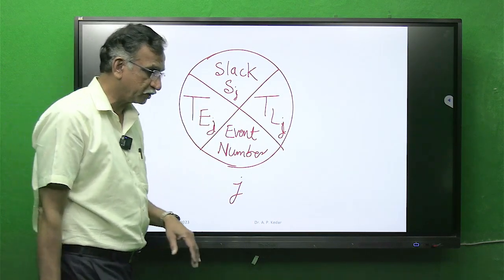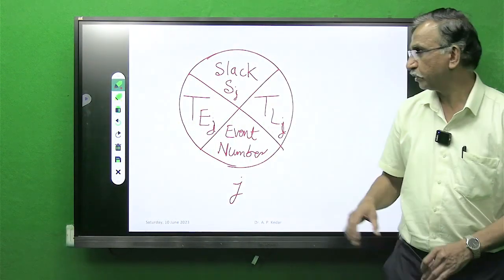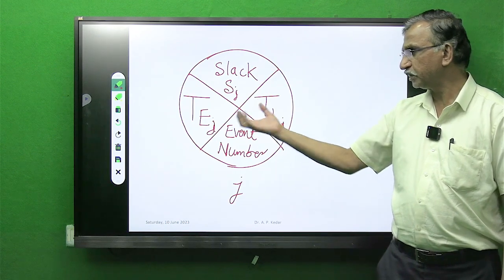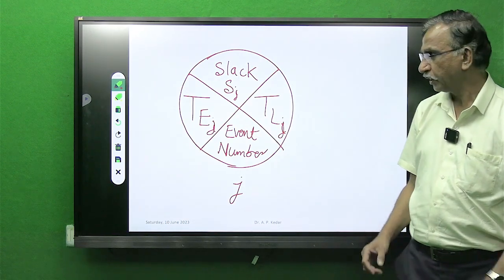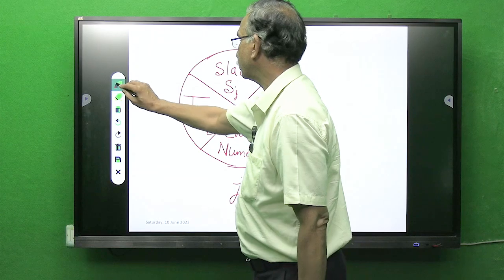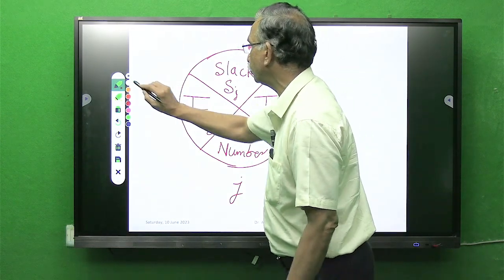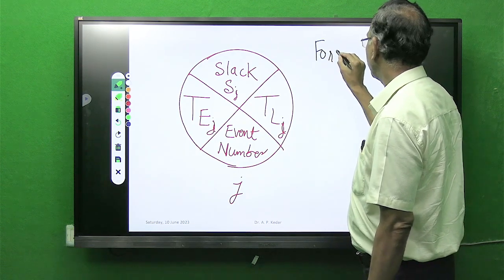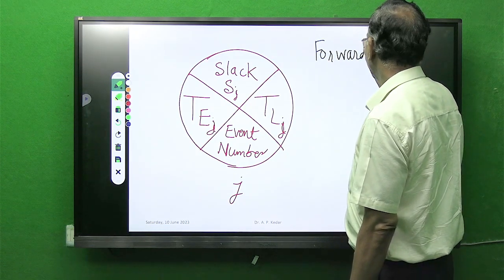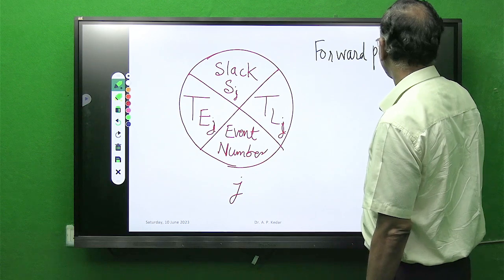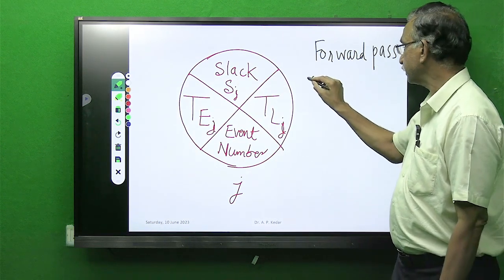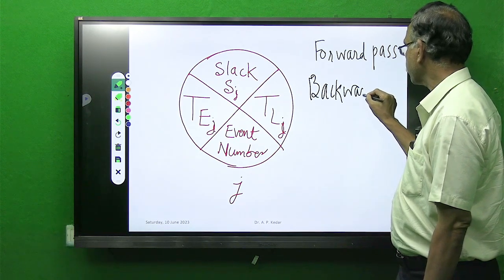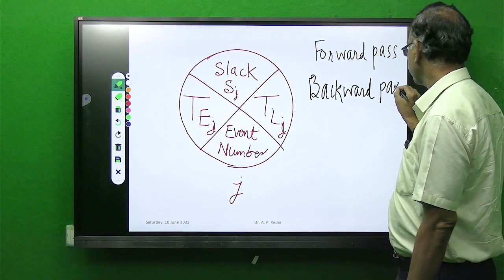And why am I giving this node or event representation? Because it makes calculation easy. We have to do our calculation in two aspects. One is called forward pass calculation, and the other is backward pass calculation.